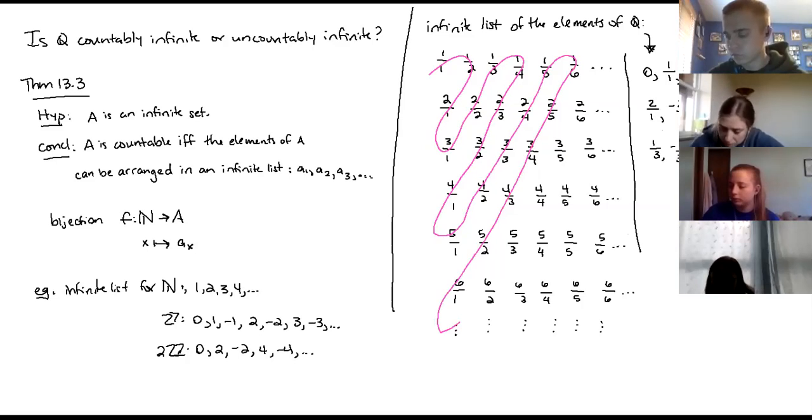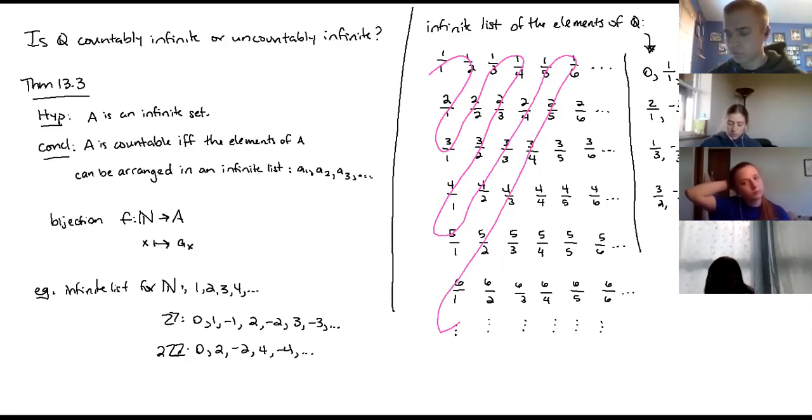Maybe we'll do one more diagonal and then we'll stop because we got the idea. 1 over 4, negative 1 over 4, 2 over 3, negative 2 over 3, 3 over 2, negative 3 over 2, 4 over 1, negative 4 over 1. And then we'll do a dot, dot, dot. You've got the idea. You could do the next two diagonals if you wanted to, but you've got the idea at this point, right? Everybody's got the idea how we're listing these out.